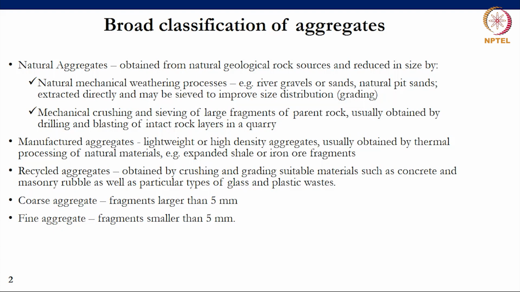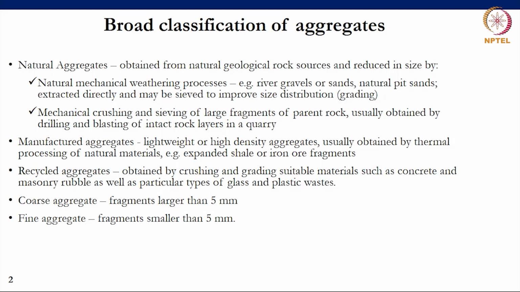We consider aggregates as natural aggregates in the first instance, and that is by far the largest proportion of aggregates that is used in concrete around the world. This is obtained from natural geological rock sources that are reduced in size by natural mechanical and weathering processes, for example, river gravels or sands, pit sands.